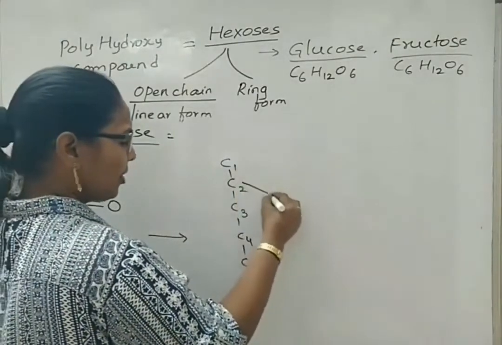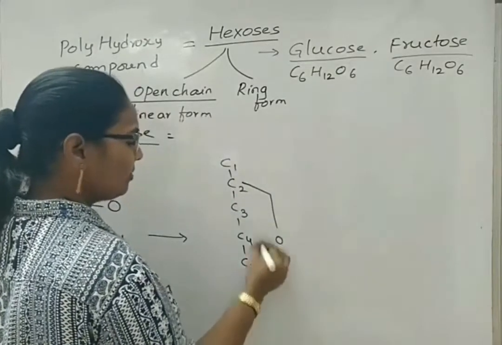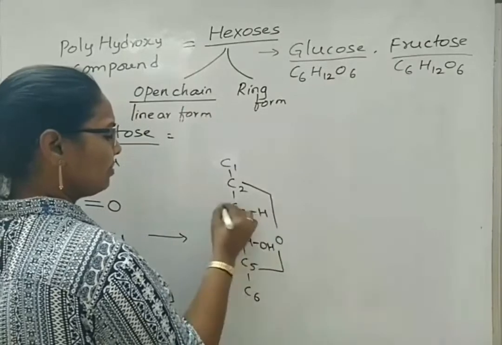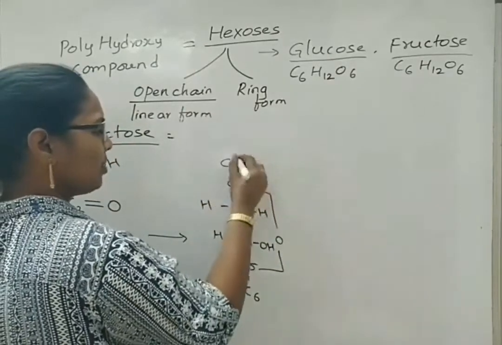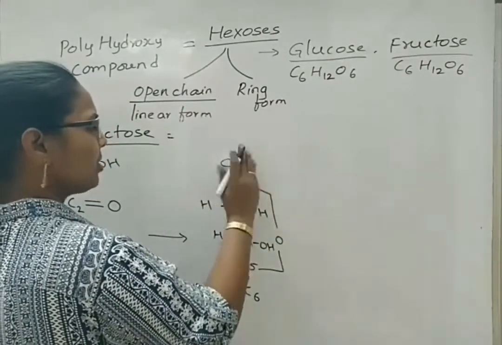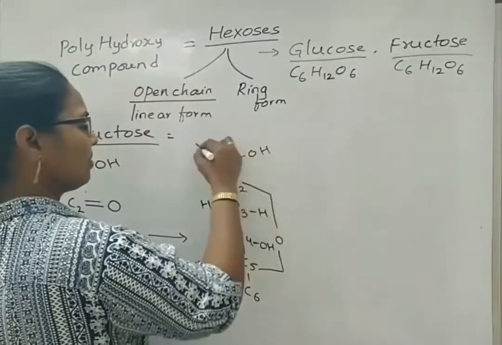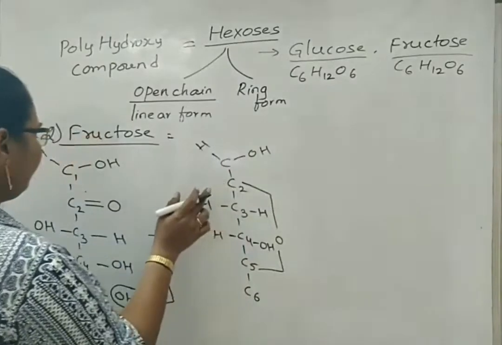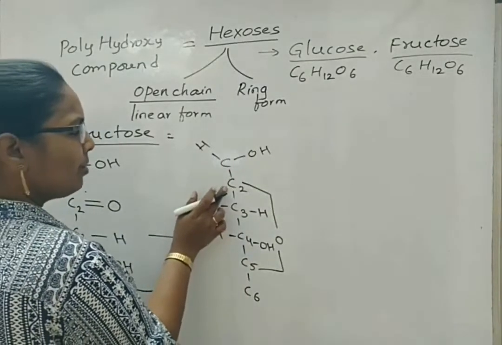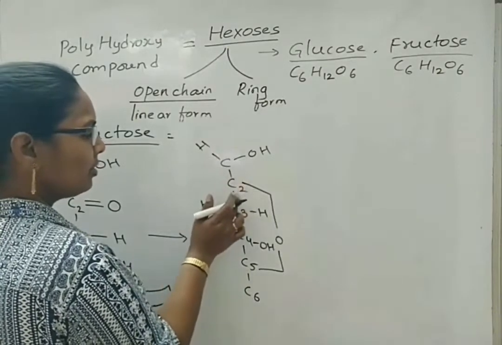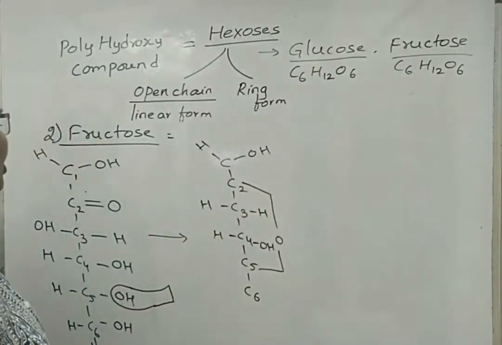When there is formation of a bond here, the distribution of all the other groups is the same. So it will be considered as CH2OH. But here, this should have one more bond, because 1, 2, 3 only exist at the second position.